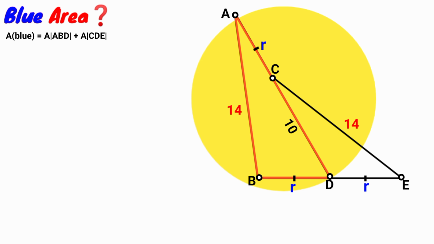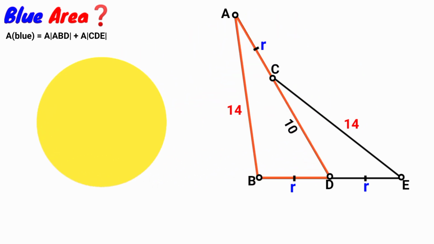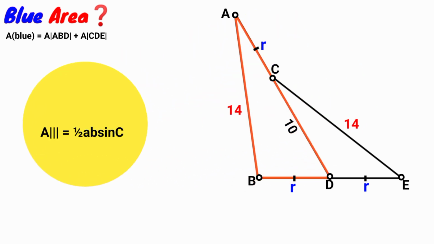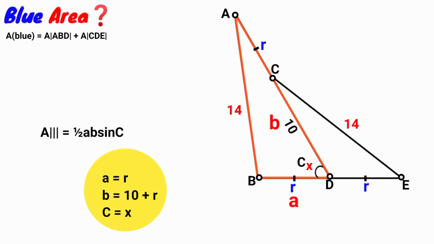One of the formulas for calculating the area of a triangle is half AB sine C, where A and B are representing the length of two sides of the triangle, and angle C is the angle between the two sides. So here, if we let this side be A and this B, this angle must be angle C. Assume its size to be X. So A equal to R, B equal to 10 plus R, and C equal to X.